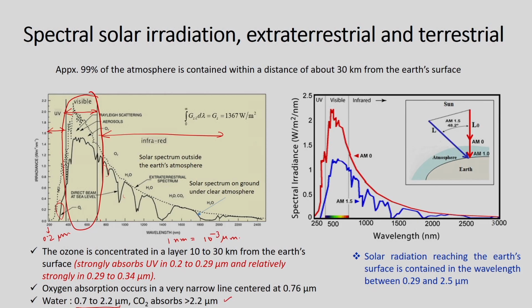What we understand from this figure is why the radiation varies compared to the extraterrestrial region. The kind of radiation we receive in the earth's atmosphere is different from the radiation available above the atmosphere, because of absorption and scattering.